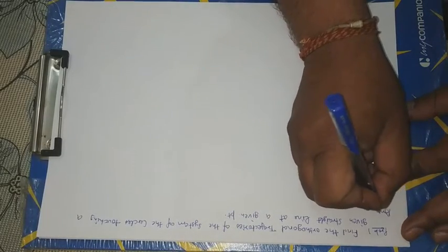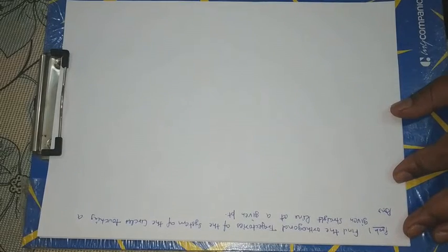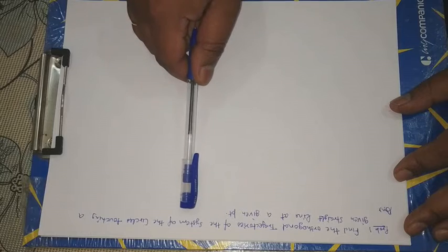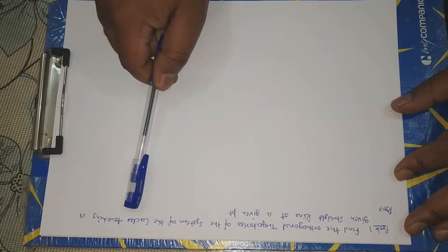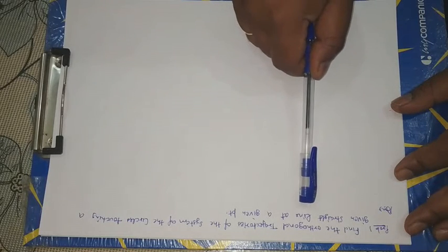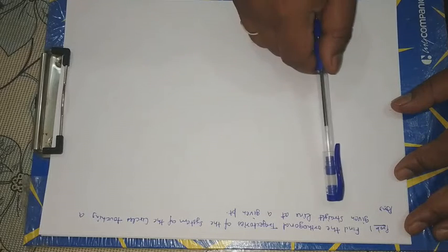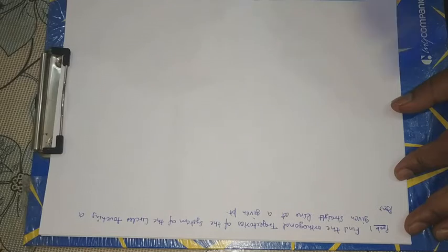Now repeat the question. Find the orthogonal trajectories of the system of the circles touching a given straight line. The system of circles touch a given straight line at a given point.